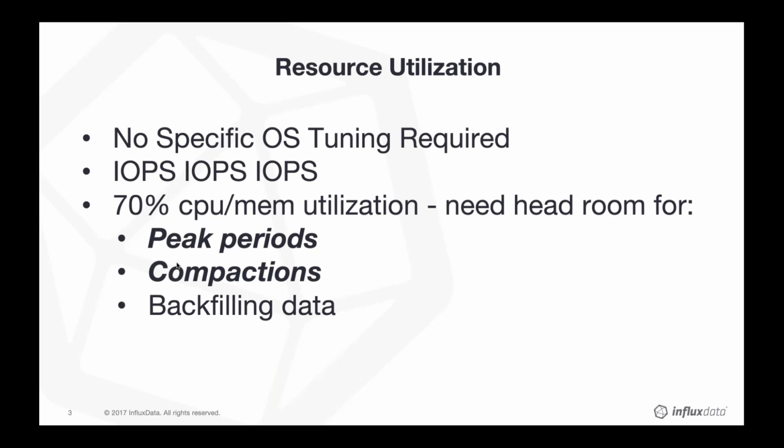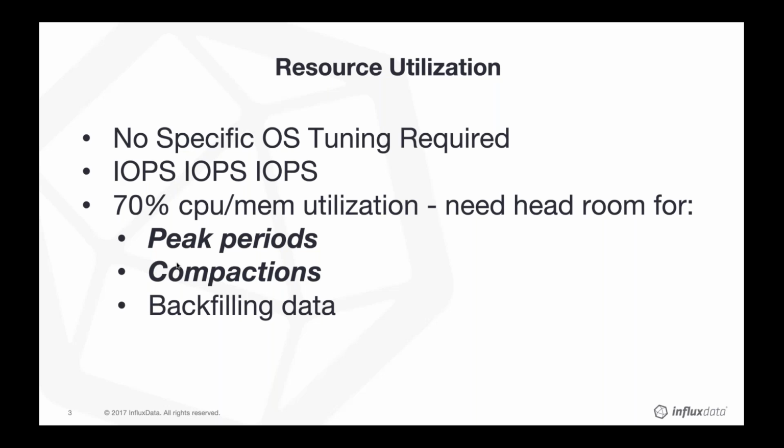And then this is a kind of Goldilocks principle here. 70% is honestly kind of an arbitrary number, but the reason we call out this number is that we obviously want you to use a lot of your box, but you need some headroom for periods of high ingest of metrics, if that's appropriate to your use case, or maybe high peaks of reads, of queries.